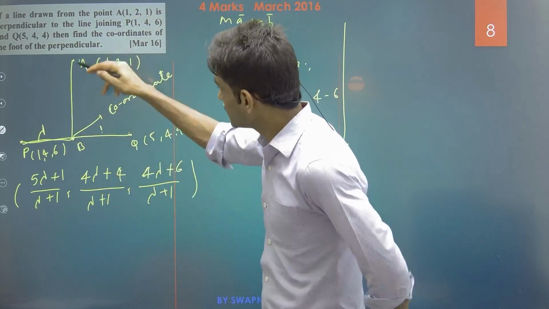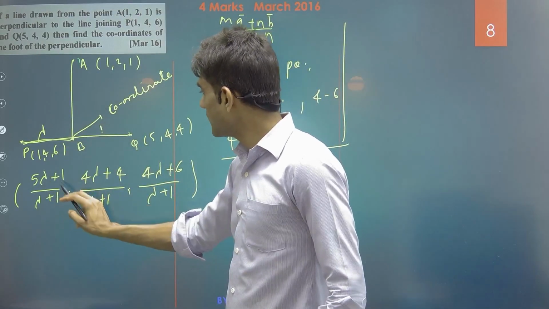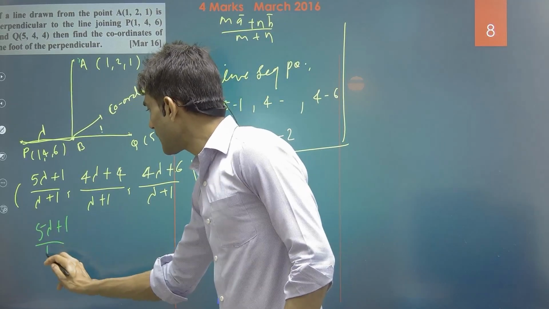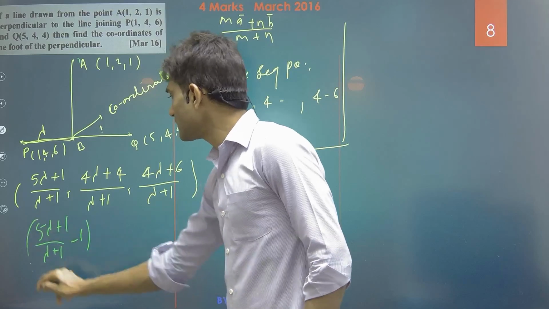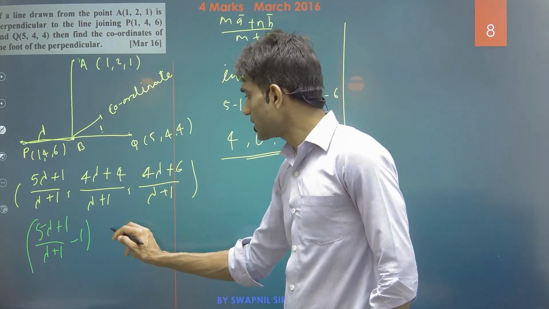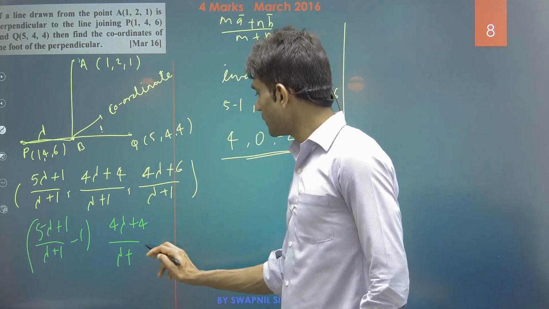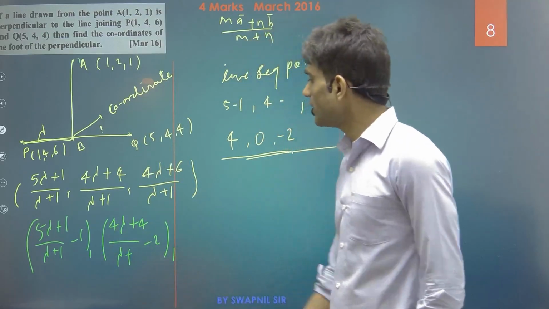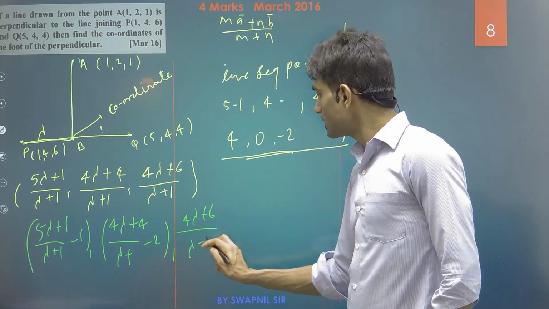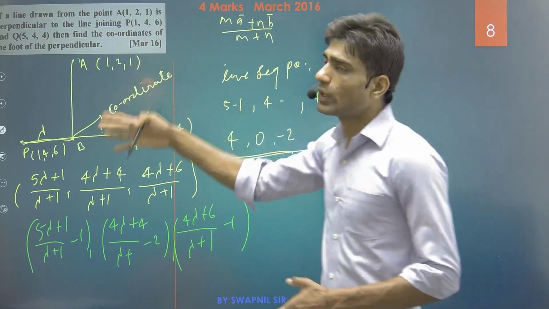So direction ratios for point A to point B, we can write as 5 lambda plus 1 upon lambda plus 1 minus 1, which is the first direction ratio. Similarly, the second direction ratio is 4 lambda plus 4 upon lambda plus 1 minus 2. Similarly, 4 lambda plus 6 upon lambda plus 1 minus 1. These three are the direction ratios for our line segment AB.